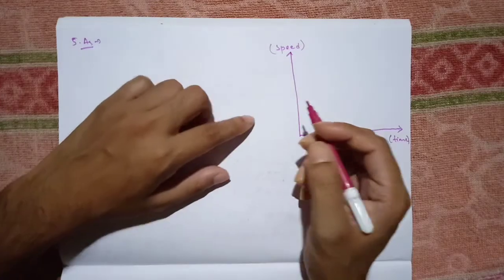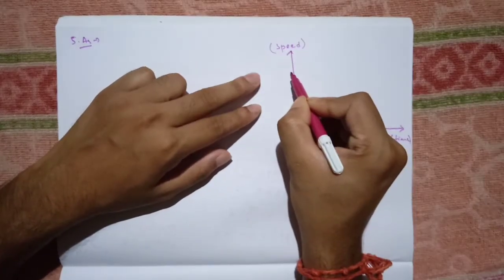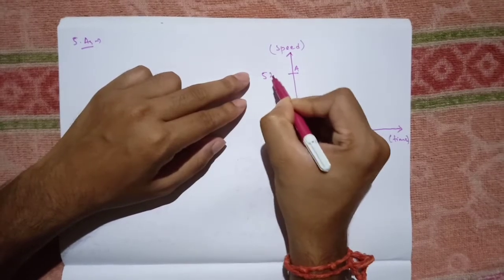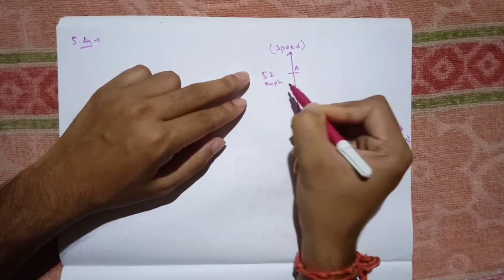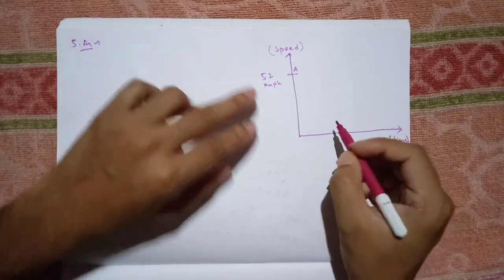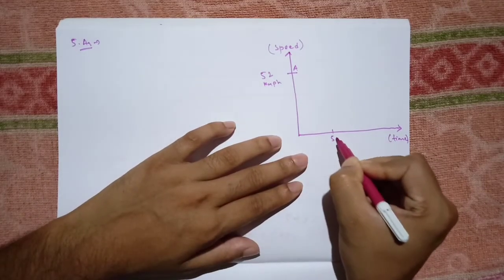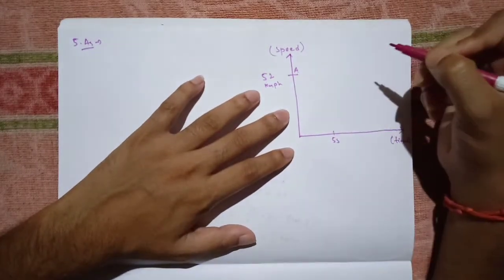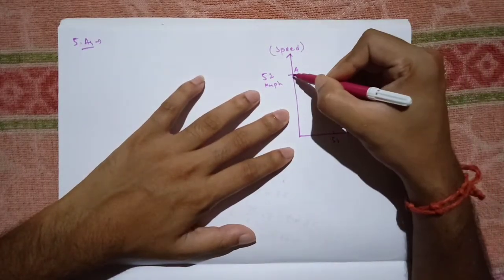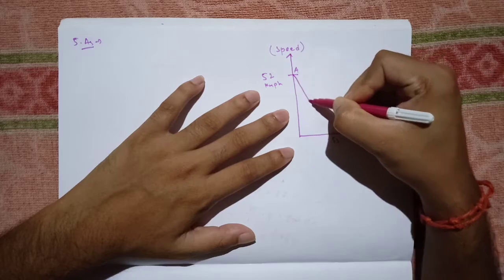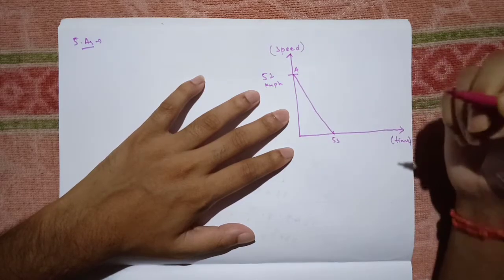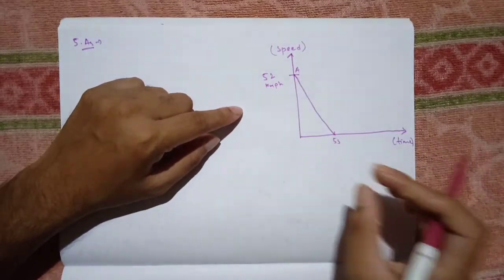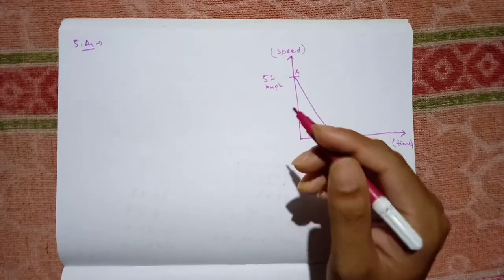So let us take the speed of car A, which is 52 km per hour. Okay, and it stops at 5 seconds. So the graph of the car A will be like this. Okay, this is the speed versus time graph of the car A.